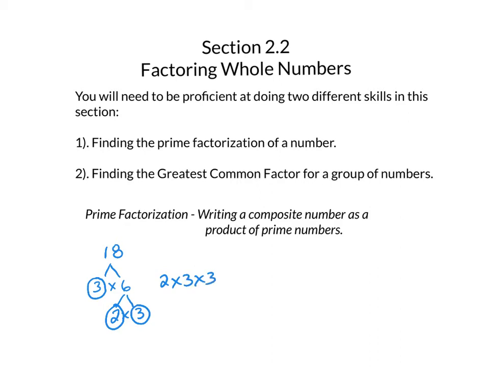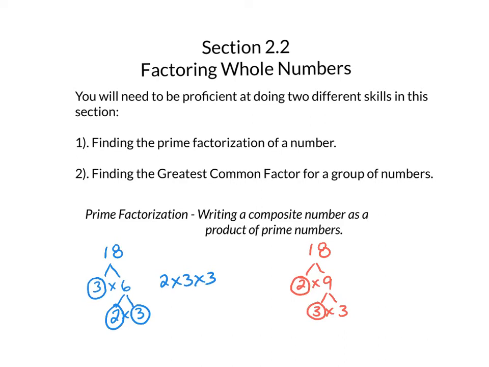Now I want to do the same problem, but I want to do it a little bit differently. Remember I said to start off with you just need two factors of that number, and I chose 3 and 6. Well, I could have chosen 2 times 9. So if I choose 2 times 9, once again, 2 is a prime number, so I'm going to circle it. 9 is not a prime number, so I'm going to factor it, and I'm going to have 3 times 3.